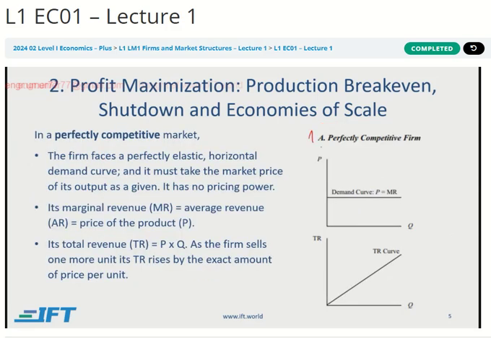So what happens with a perfectly competitive firm is that they face this flat horizontal perfectly elastic demand curve, and each firm is a price taker. They take the price from the market. They are in no position to set the price of the market. Whereas on the other extreme, a monopoly can set the price. Think of your local electricity or water supply company.